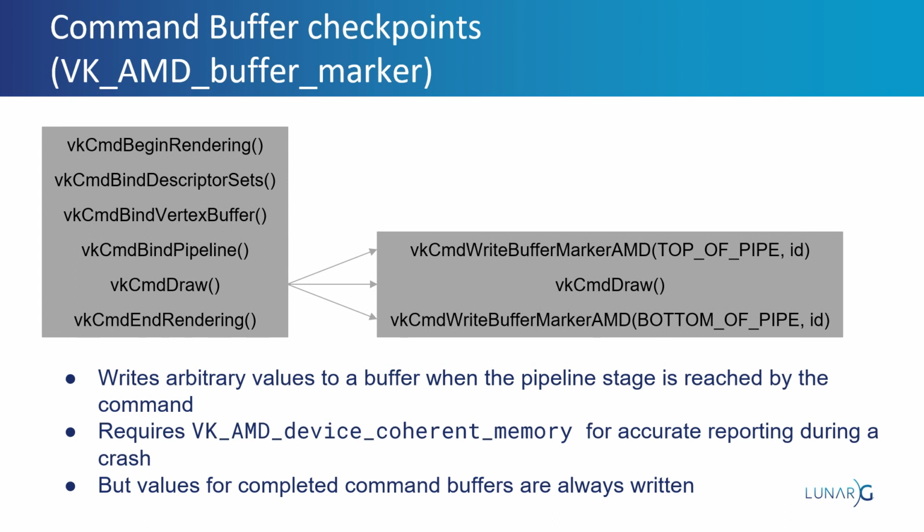The device coherent memory extension, which is only supported by AMD as far as I know, is pretty important, because that makes sure those writes get out of the GPU's caches when you're crashing. So you'll get much more accurate results if that extension is present, because you avoid the caches.